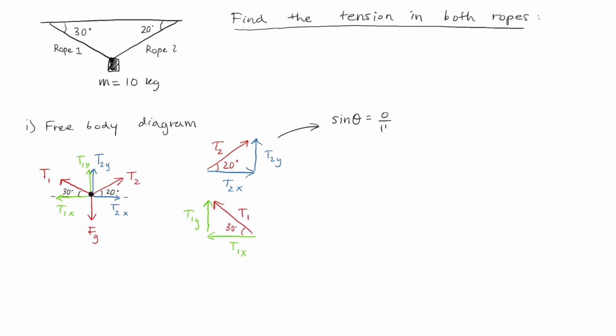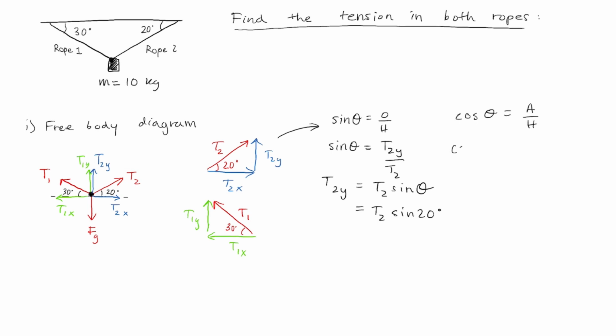We can use sine theta is equal to opposite over hypotenuse. All we have to do is replace the opposite side with T2y and the hypotenuse with T2. Then we rearrange and isolate for T2y, and we find that T2y is equal to T2 sine 20 degrees. Now let's find T2x.